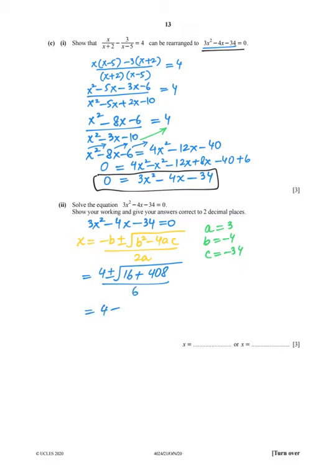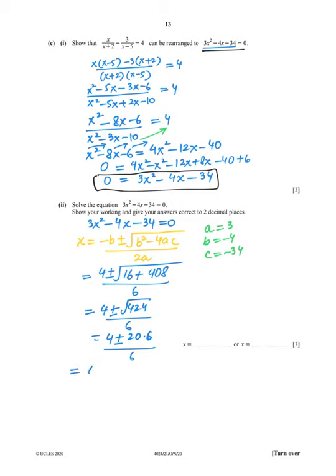Now it will be 4 plus minus under root 408 plus 16, it's 424, divided by 6, right? So the root of 424 will be 4 plus minus 20.6 divided by 6, right? We need to solve with positive and negative both.